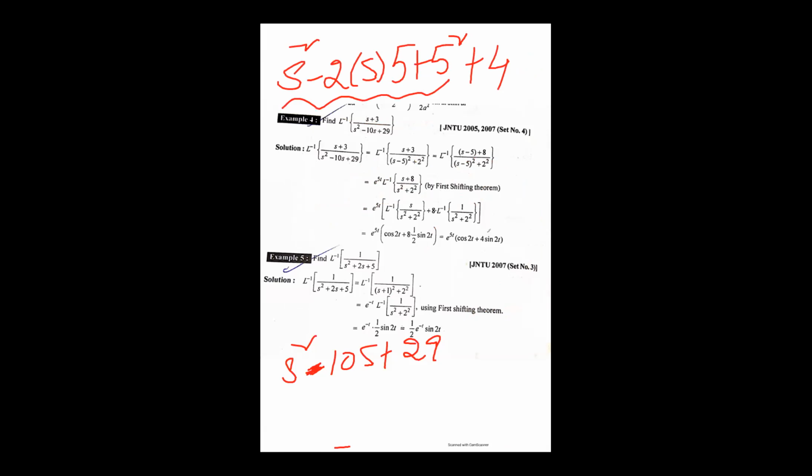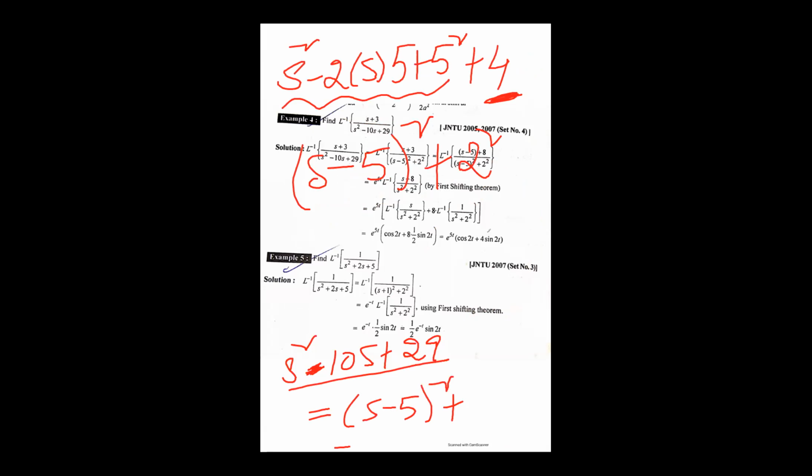In the underlined part, a minus b whole square, here a equals s and b equals 5, so s minus 5 whole square, and also write 4 as 2 square. So finally s square minus 10s plus 29 is equal to s minus 5 whole square plus 2 square.